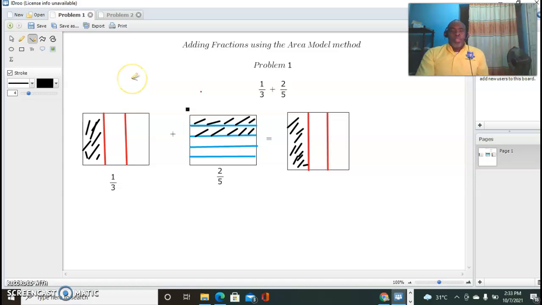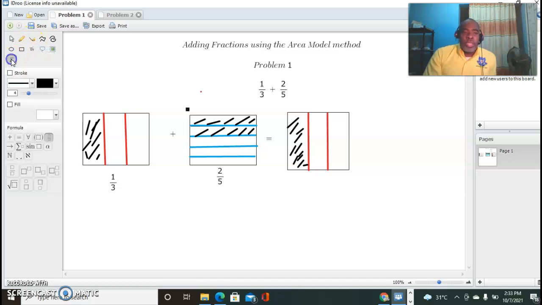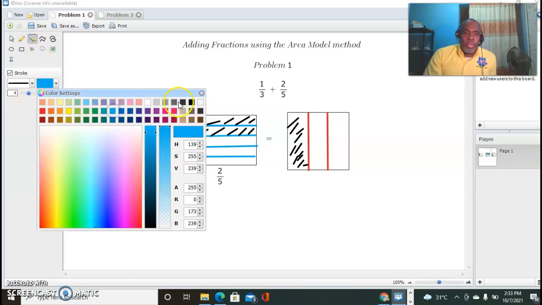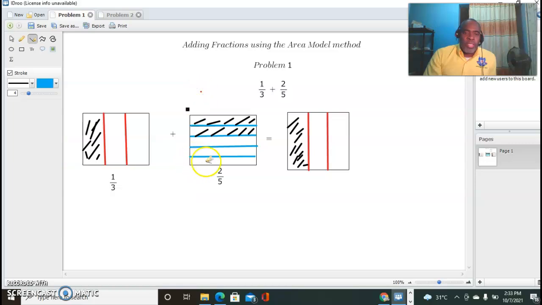Then my next step now, I'm going to divide it again. Use my blue, and I'm going to use the pattern of this rectangle.